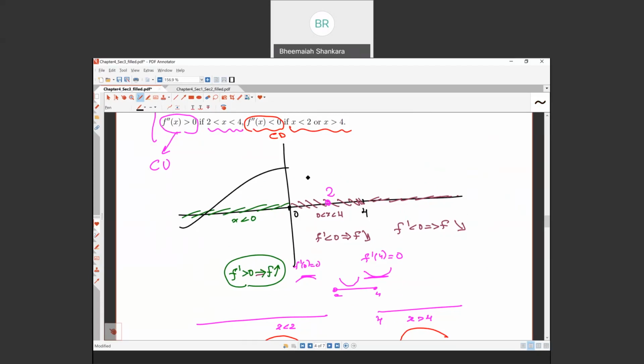It's a horizontal tangent. And between 0 to 4, you have the functional values going down because the slope is negative. So you should draw a curve which is going down between 0 to 4. Again, when you come to 4, you should have a flat curve, but again the curve should still go down.